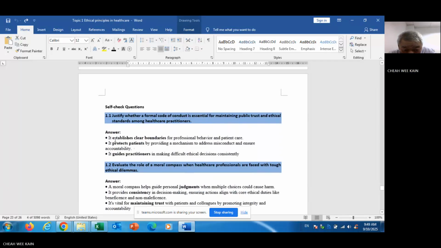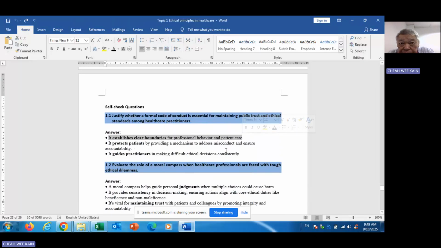Answer, it is. Because it establishes clear boundaries for professional behavior and patient care. There are certain things that you should do, and there are certain things you should not do. But clearly stated, it should be clearly stated the boundaries in the code of conduct for ethics.